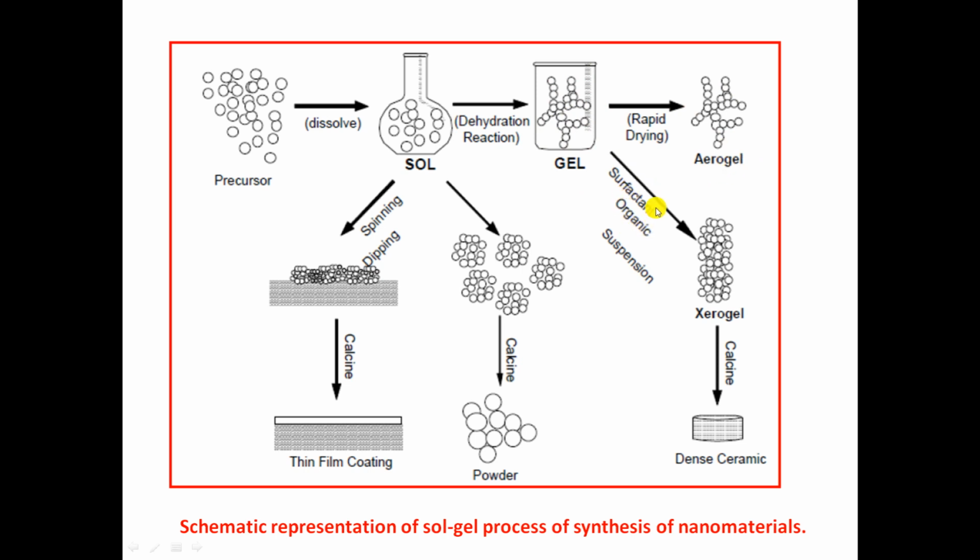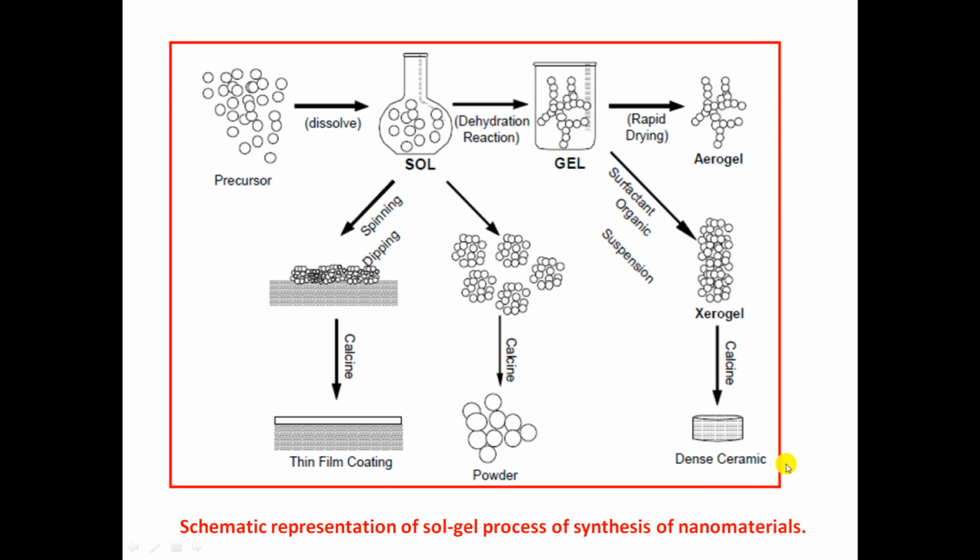Otherwise, if you use organic surfactants in order to extract the organic material from the gel, then we get the aerogel material. On the calcination of aerogel, we get the dense ceramic material.